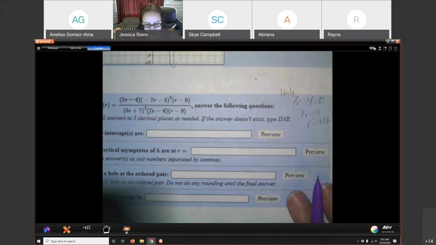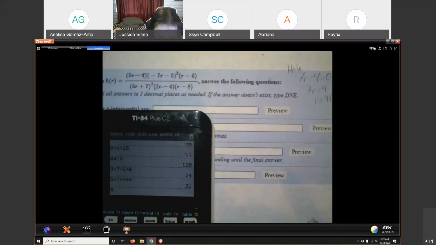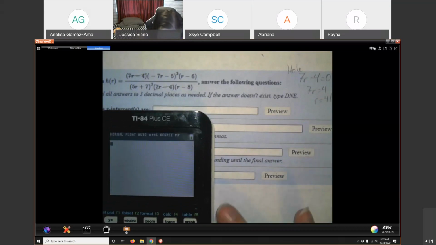No good. But if we plug 4/7 in after the reduced fraction, -7 times 4/7 minus 5 to the third, 4/7 minus 6. Oops, I put a 9.